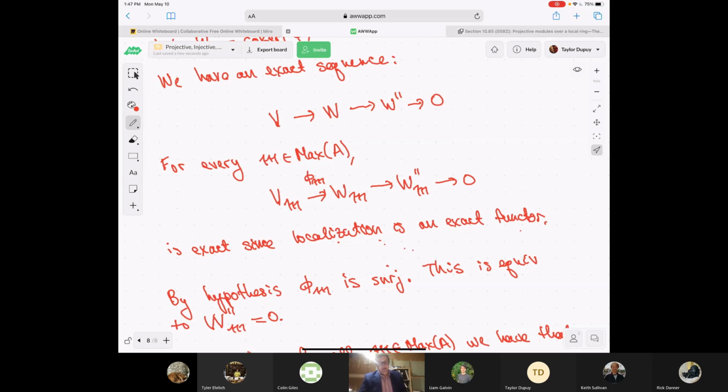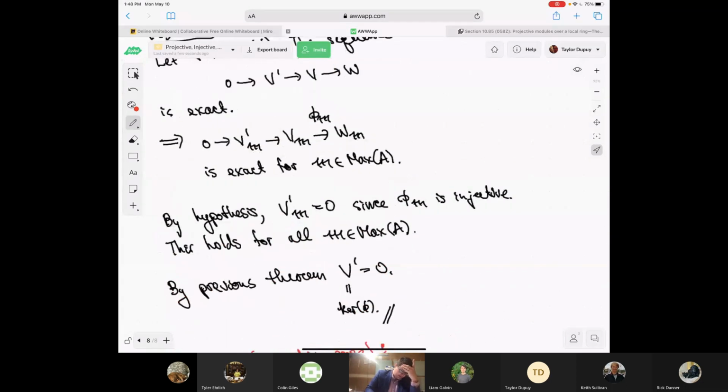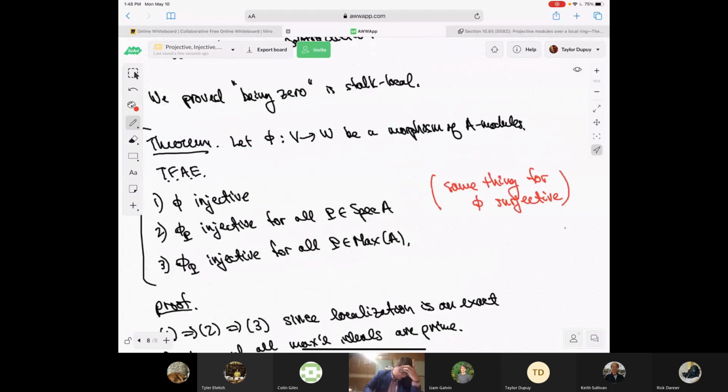It's not that you have to check at every prime ideal; it's enough to check at maximal ideals. Got it, thanks. So it's better.